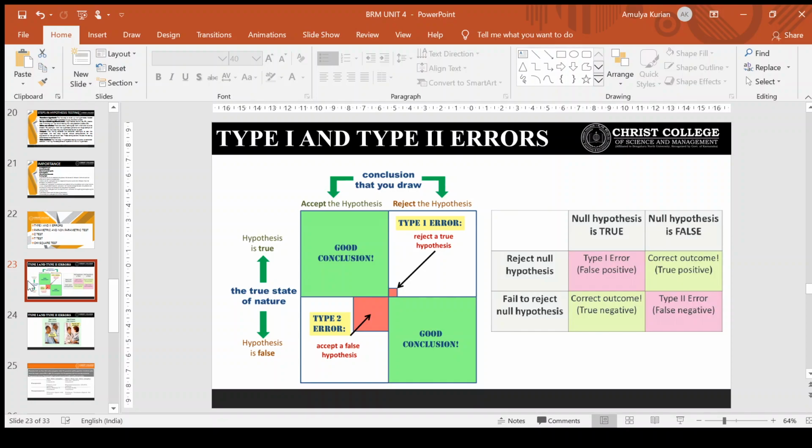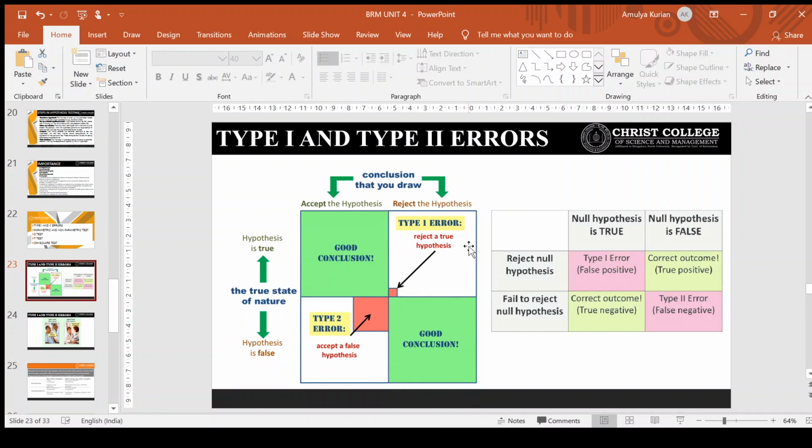If we are accepting a hypothesis when the hypothesis is true, it is a good conclusion. And if we are rejecting a hypothesis when the hypothesis is false, again it is a good conclusion. So when you reject a hypothesis when it is false and accept a hypothesis when it is true, they are good conclusions.